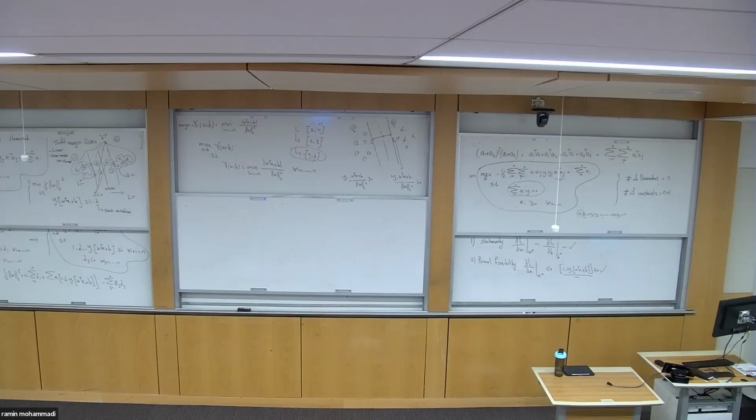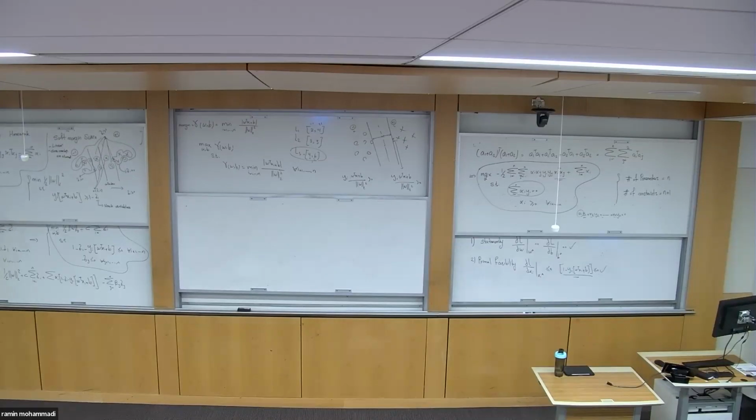Count them out. How many W's do you have? Okay. What else do you have? Sigma, so D W's, N sigmas. And what else do you have? B. Right? D plus N plus 1.